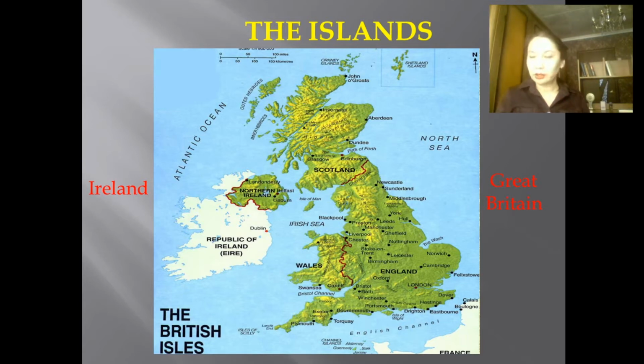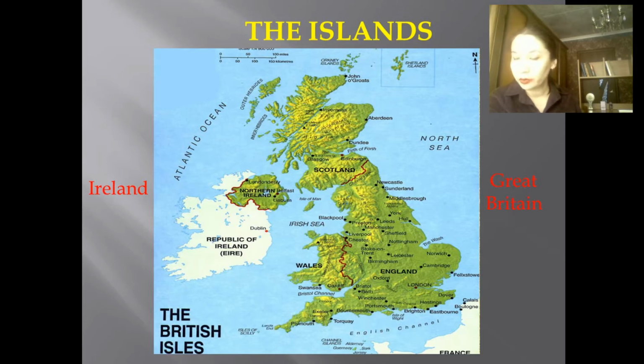The United Kingdom covers most of an island group called the British Isles. And the British Isles consist of two large islands, Great Britain and Ireland, and thousands of small islands. The United Kingdom's area is about 244,000 square kilometers.